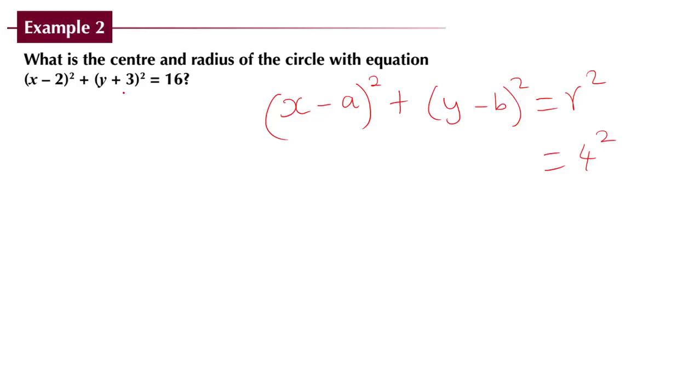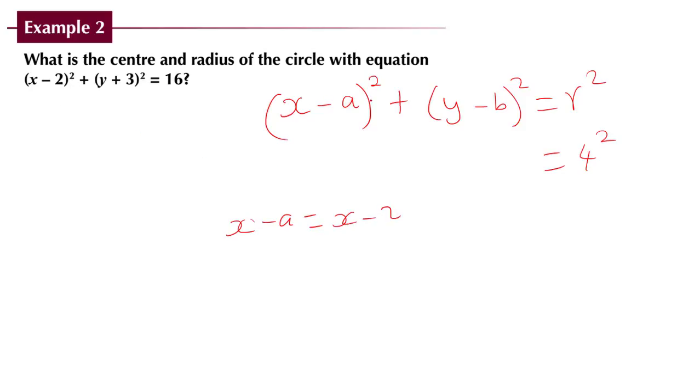Now to find what a is and to find what b is, all you need to do is just equate. So x minus a, what's in the bracket, the first one, is equal to x minus 2.